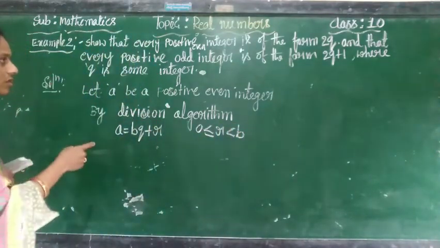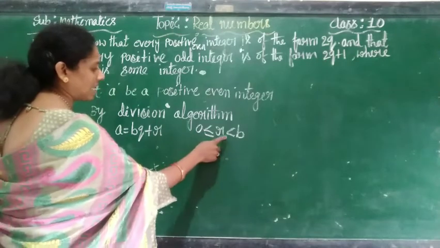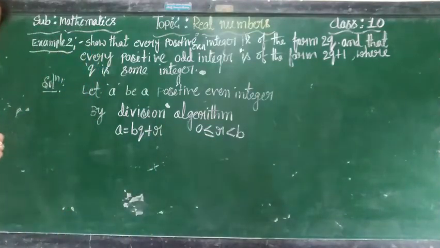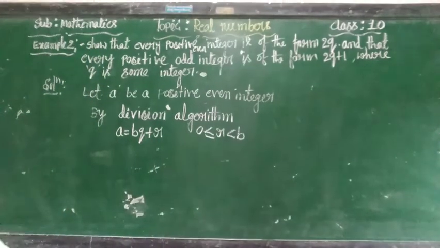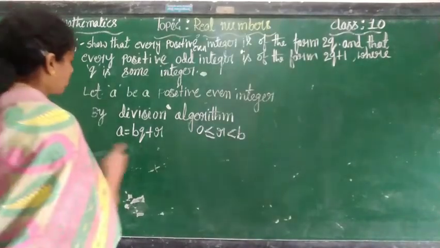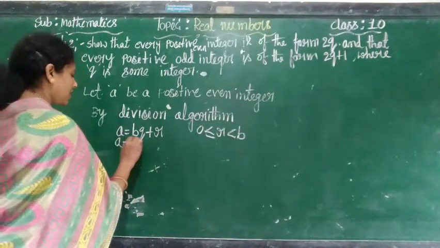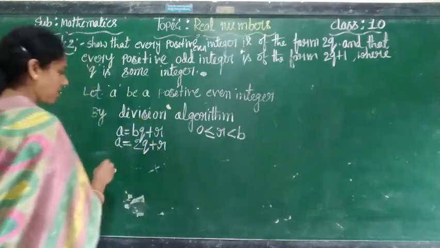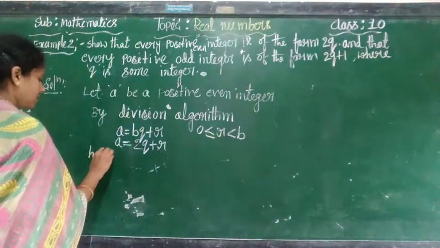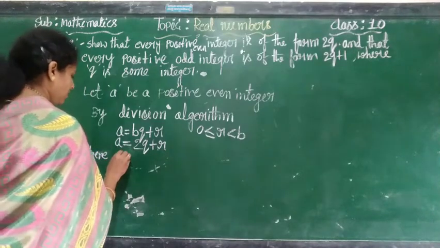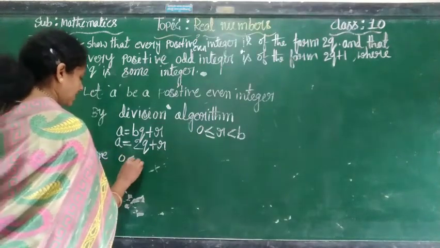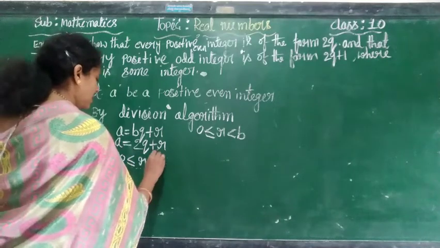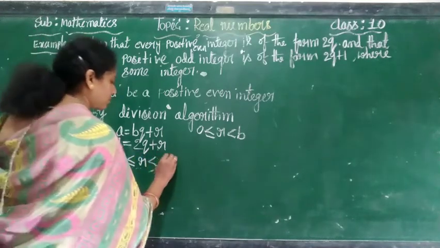So a is equal to 2q plus r. Here 0 is less than or equal to r less than 2.